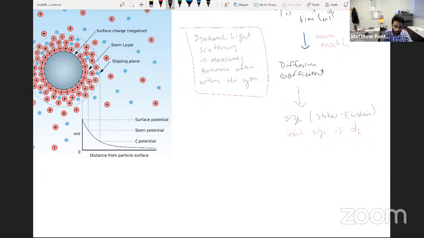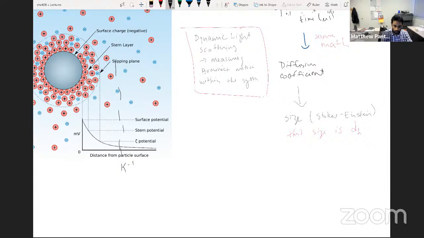Depending on the size of the particle, the slipping plane distance might be very large. For instance, in the case of the Debye lengths we've measured, if we remember, the Debye length is going to be a bit further out, some distance bigger than the slipping plane. And we know that depending on the salt concentration, this can be something like a nanometer to 10 nanometers.